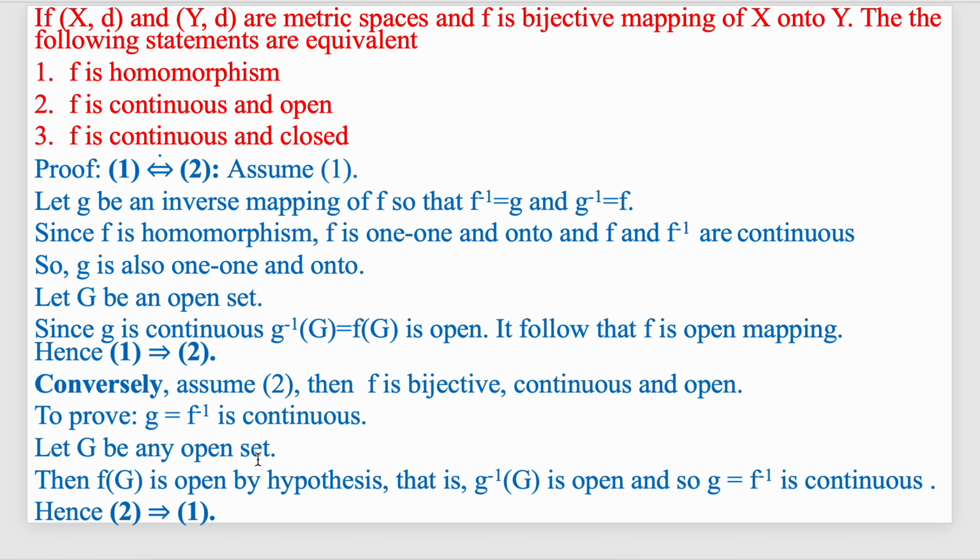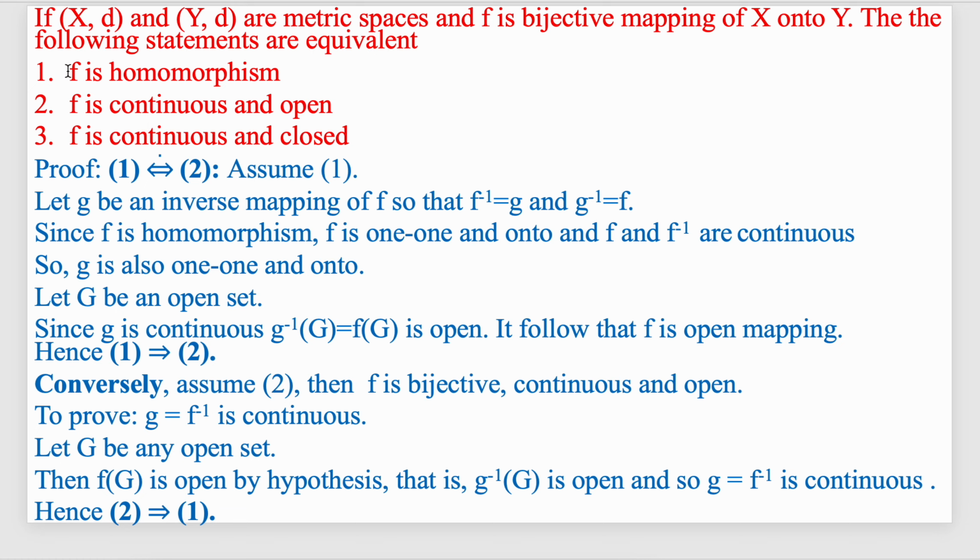Let G be any open set, then f(G) is open by hypothesis. It means that g inverse of G is open, so g equal to f inverse is continuous, because we know that the inverse image of an open set is open if the mapping is continuous. So it means 2 implies 1.